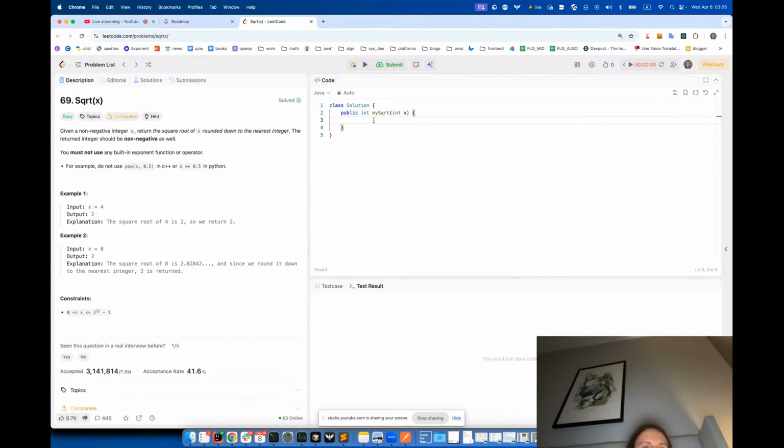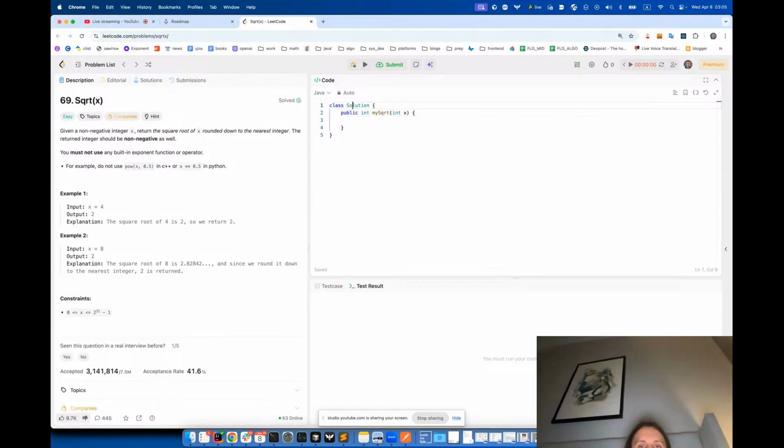We should not use the power function here. The square root of 8 is 2, and since we round it down, the 2 is returned. Okay.